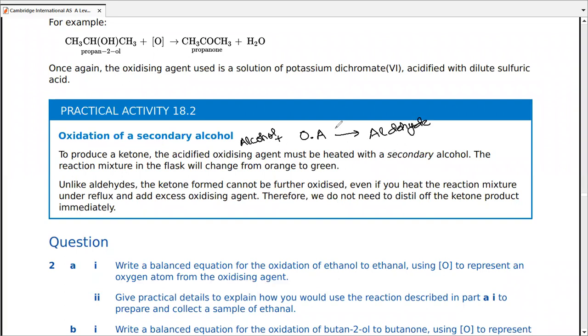Sometimes they put warm over here. Now, sometimes what they do is that they put excess over here. They still keep the word warm or they sometimes replace it with heat. Of course, it won't stay in the form of aldehyde because the reaction proceeds to form carboxylic acid, right? So they give you the idea.